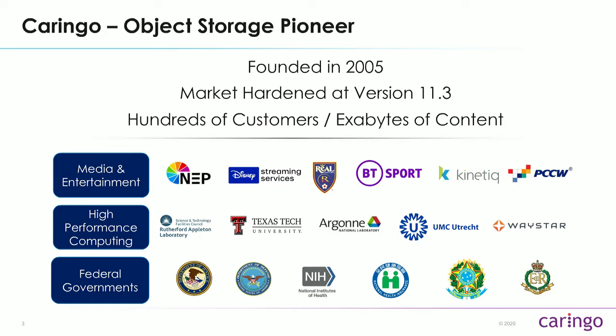Our solutions are used all over the world, I think every continent except Antarctica, in places such as British Telecom, NEP, Department of Energy, Argonne National Labs, Texas Tech University, the Brazilian court system, the U.S. Department of Defense, and many, many more.